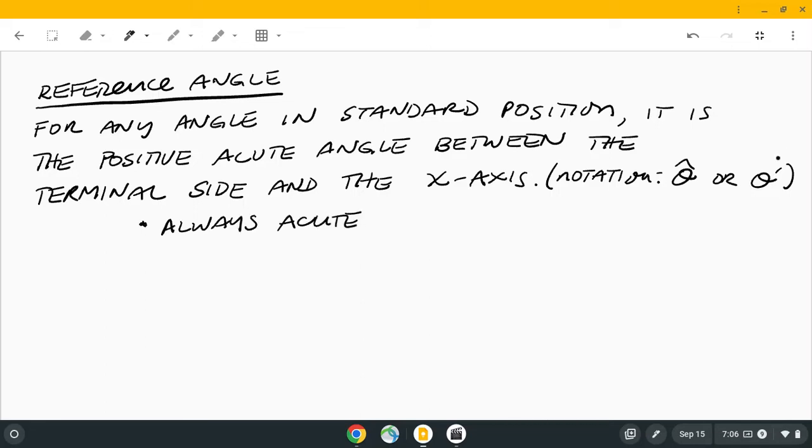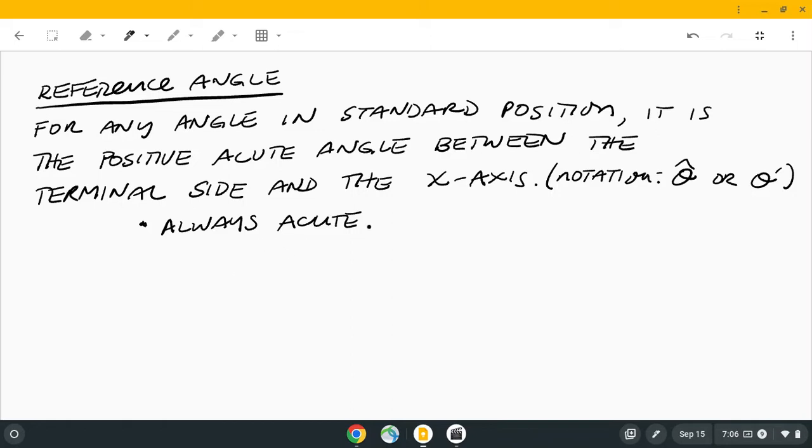And so that is going to be the connection between these 30, 45, and 60. Those are all acute. That's this here, reference angles being acute. That's going to be the connection to these 30, 45, and 60.